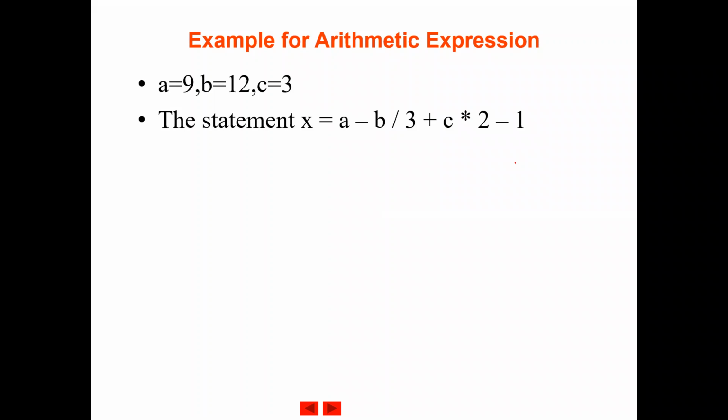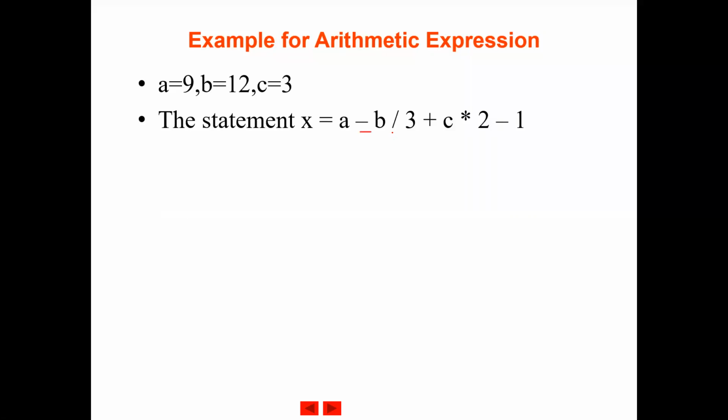What are the operators? Nevin has answered. In the equation, the expression side is enough. X is also assigned the value, it's okay. So here you can see what the operands are. Nevin has answered only a, b, c, but what are the operators used over here?